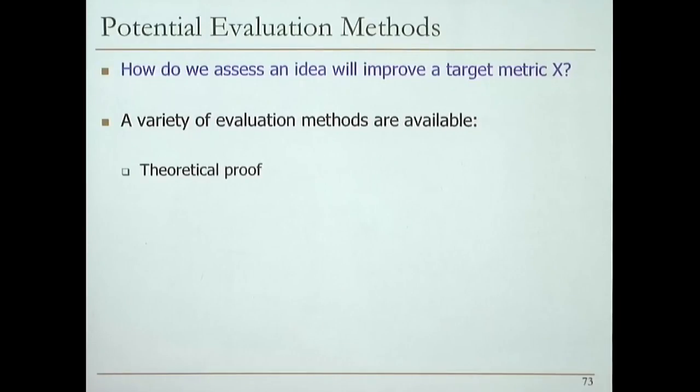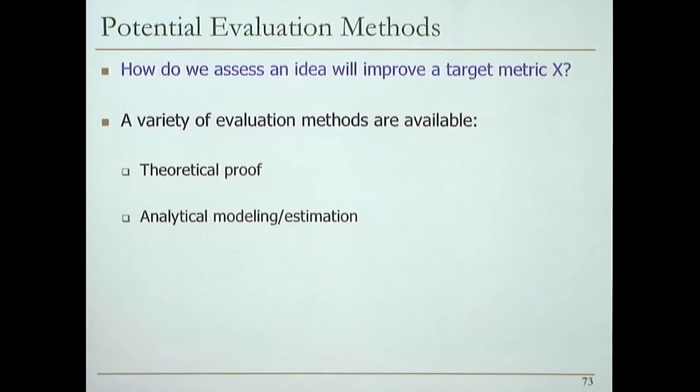One is theoretical proof. That's very difficult to do, unfortunately, in the systems we have today. Analytical modeling and estimation. For example, you could have a spreadsheet that takes in some important parameters, and you generate an analytical model that somehow models your idea and figure out what your metric X would improve by, based on that spreadsheet analytical model.